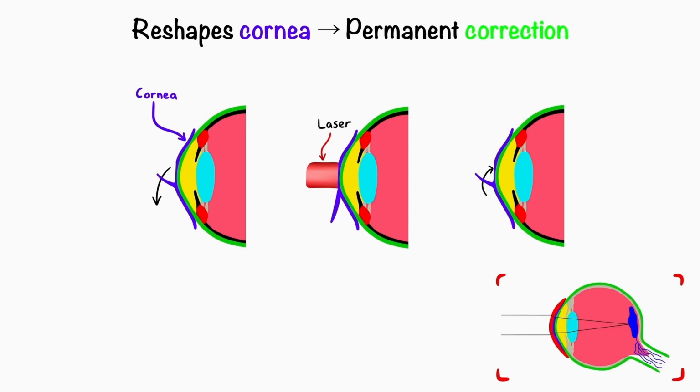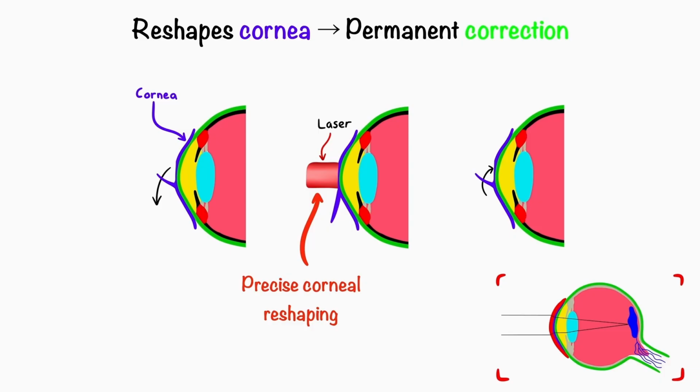Laser eye correction has become increasingly common for treating vision problems. This surgical approach uses precise laser technology to reshape the corneal tissue. By carefully modifying the cornea's curvature, surgeons can adjust how the eye bends incoming light.